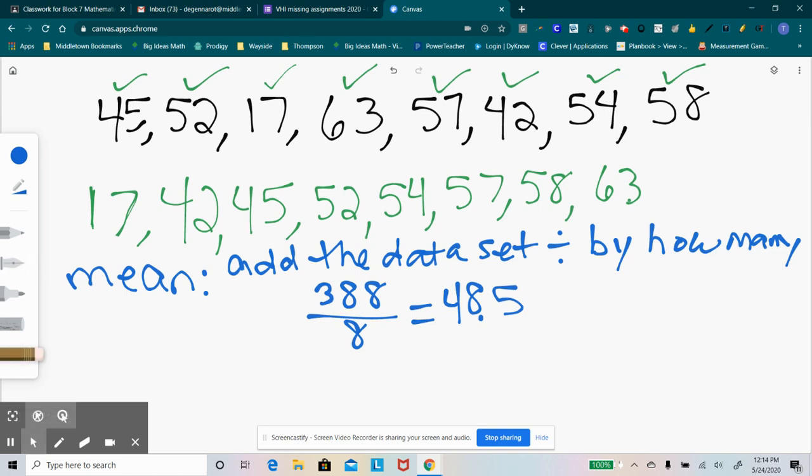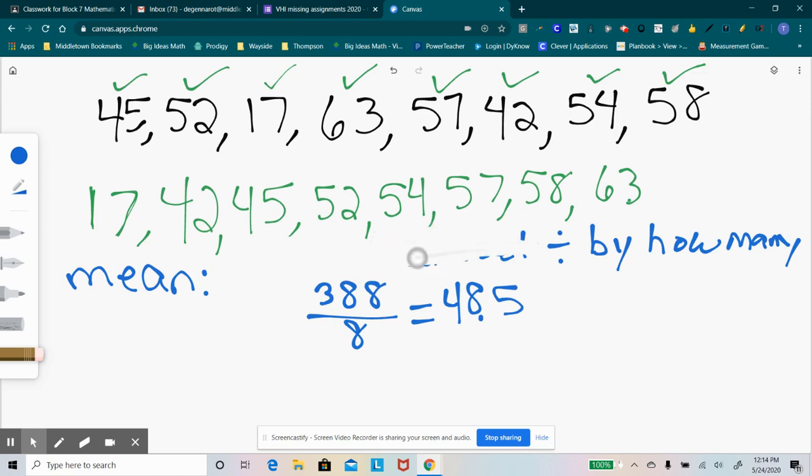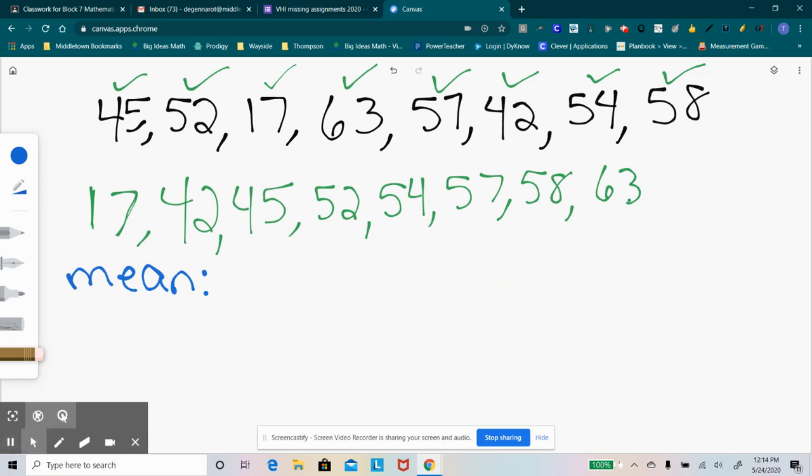Oh, I know why. I'm sorry. I was doing 2 different sets of formats. All right, and then we know the mean is going to be 48 and a half. I definitely want you to keep all the information. I don't want you erasing, but I'm doing this just because I don't have that much room.